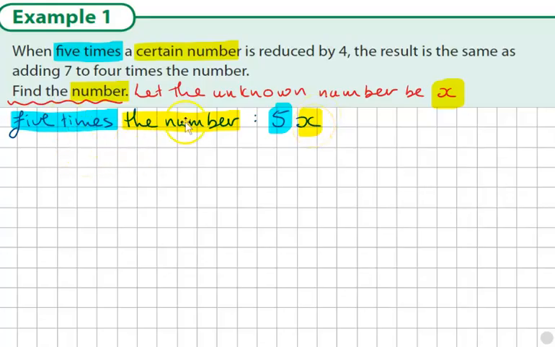So 5 times the number is going to be 5x, because remember, a number stuck onto a letter means multiply. So 5 times the number can be rewritten as 5x, because we decided to let the number be x.